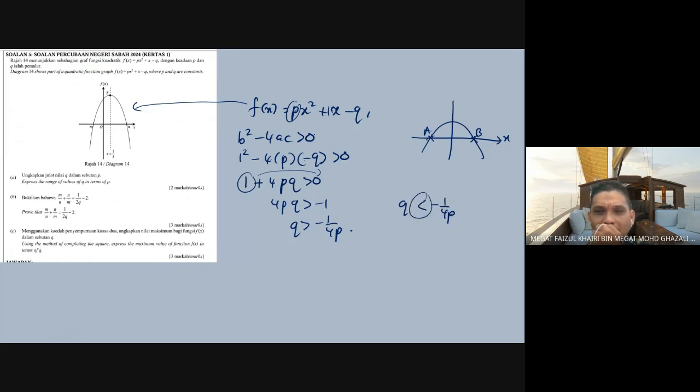I have no idea why the sign changes, because 1 brought to the other side becomes negative 1, and we divide by 4p left and right. Dividing by positive 4p, the sign should not change. It remains greater than negative 1 over 4p.